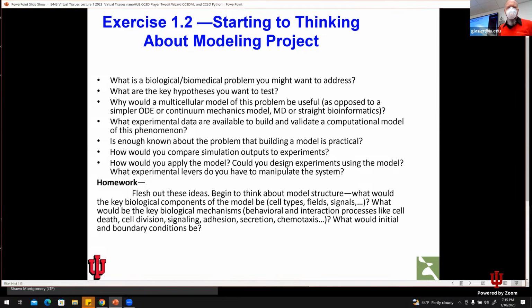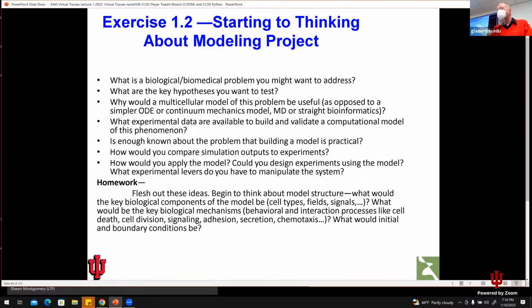And so I wanted to do now, and we're a little bit behind in terms of the class, so maybe we'll do this as a homework problem, is I would like people having seen these. Some people may come to this class saying, I know what I want to model, which is great. That's fine. Some people may come to this class saying, I don't care what I model. I just want to work with somebody and you tell me what to do.